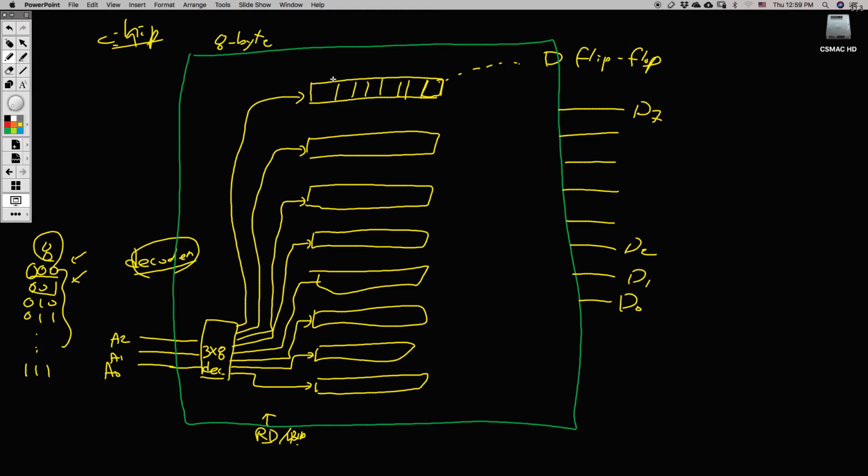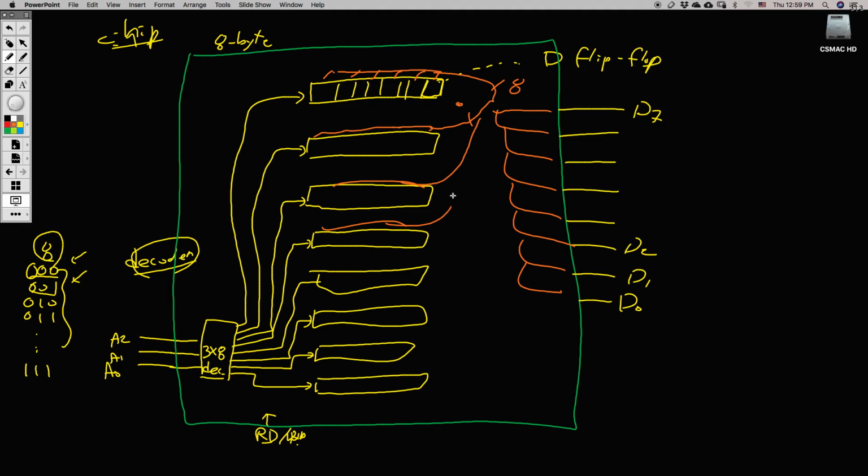Those 8 of them together, so let me choose a different color. Those 8 lines for each flip-flop output or input are connected to those lines in parallel, something like this. So this is actually 8 lines. Similarly, those 8 lines are connected to this one as well to distribute. So this one is also connected, this one connected, this one connected.